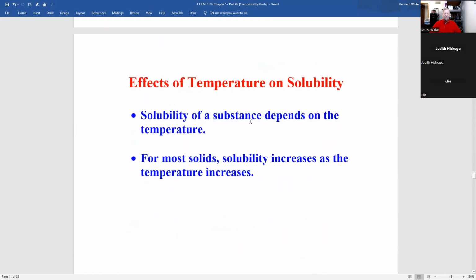The effect of temperature on solubility: the solubility of a substance depends on the temperature. For most solids, about 90% of them, solubility increases as temperature increases.